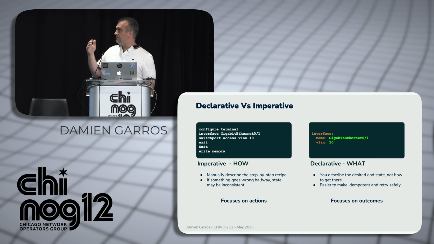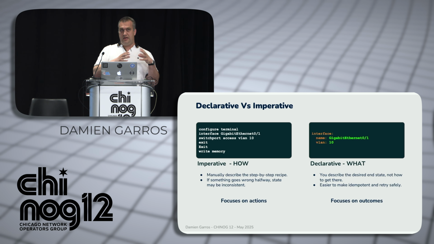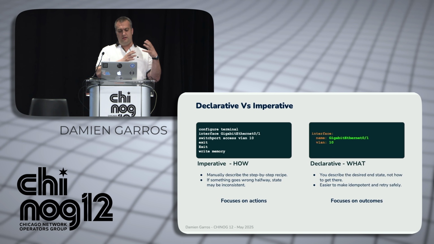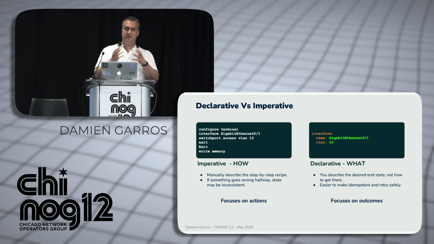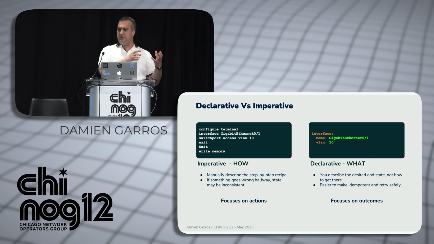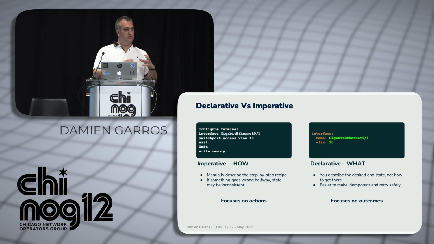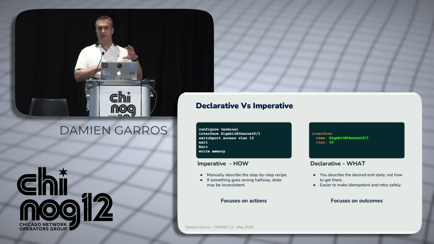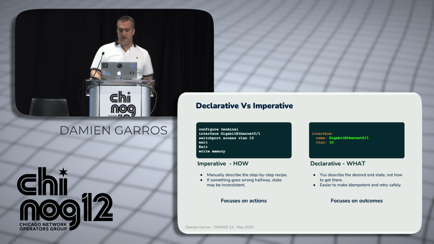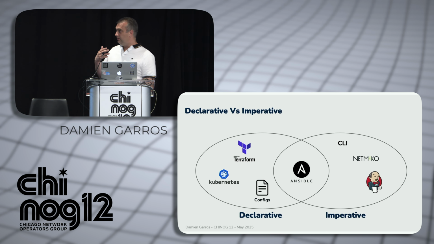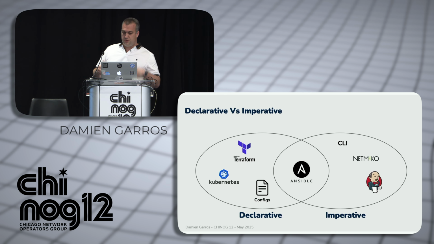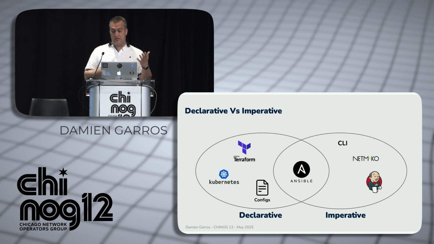So by definition, something that is declarative is kind of idempotent. But I thought it was important to explain those two concepts separately, but they're definitely very tightly coupled to each other.